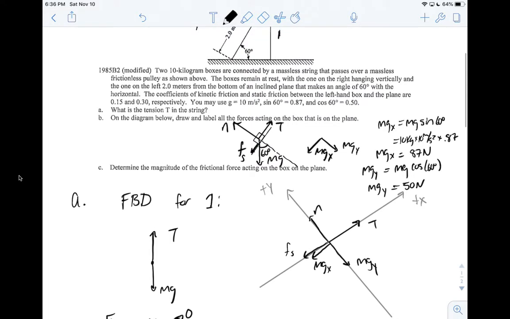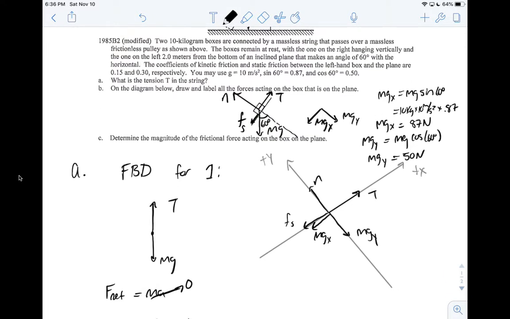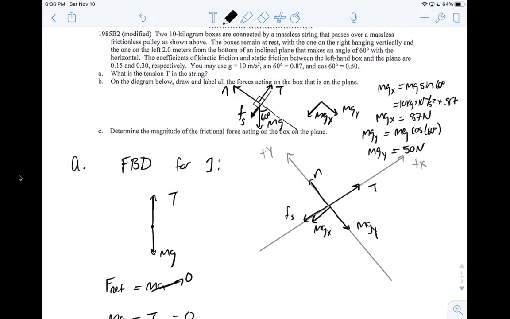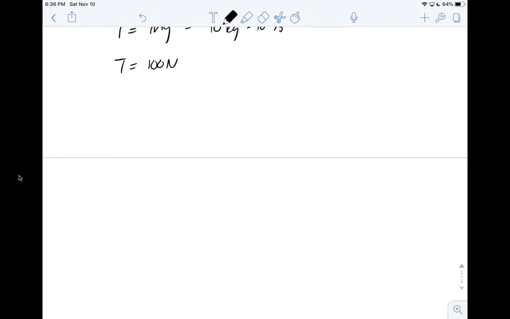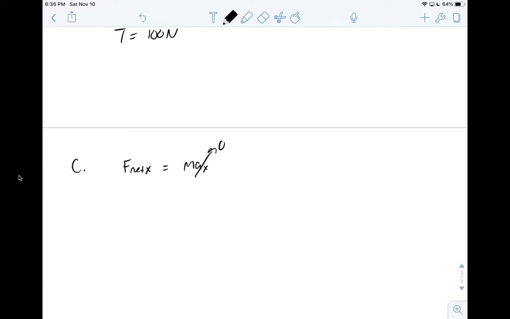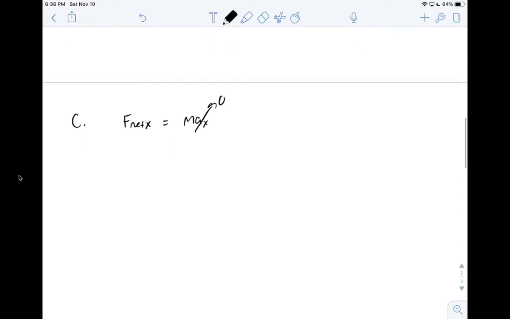For part C, we are going to use Newton's second law in the x direction for block 2. So we'll have F net in the x direction equals max, which is 0. It's at rest, they tell us. So F net x will be tension minus friction, which is static, since they say it's not moving, minus mg in the x direction.